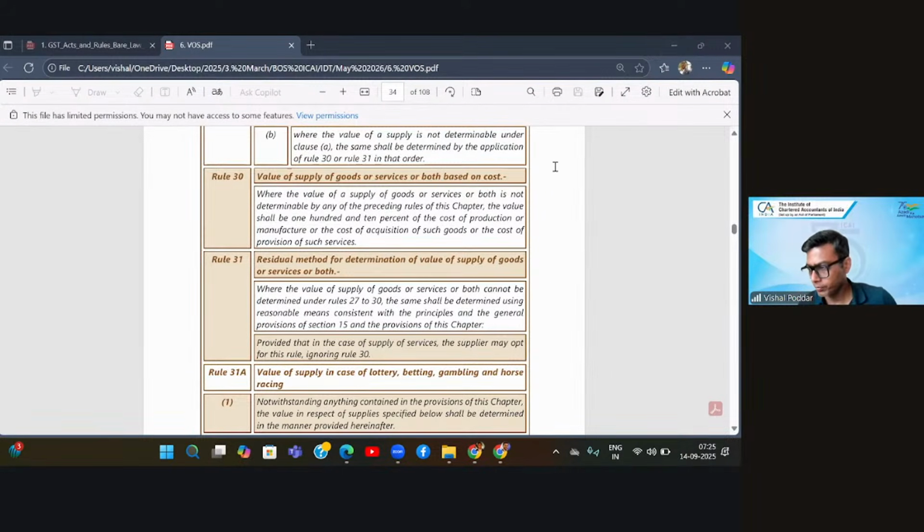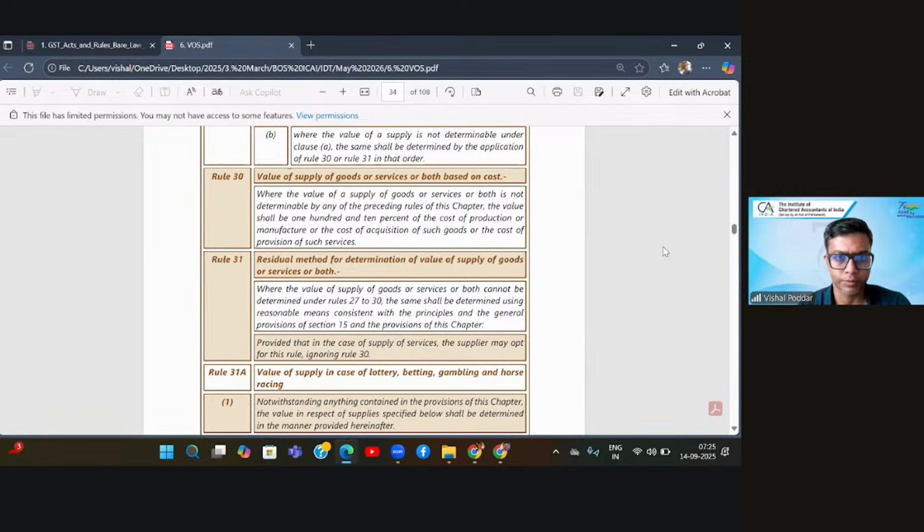Okay, sir. Rule 30. Value of supply of goods or services or both based on cost. Where the value of supply of goods or services or both is not determined by any of the preceding rules of this chapter, the value shall be 110% of the cost of production or manufacture or cost of acquisition of such goods or the cost of provision of such services. Rule 31.